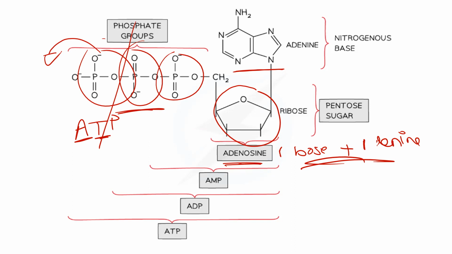Clear? Okay. Adenosine is ribose plus adenine. Don't forget that. When you have only one phosphate group, it's called adenosine monophosphate, adenosine diphosphate with 2 phosphate groups, adenosine triphosphate with 3 phosphate groups. Easy? Easy up to now, very easy.